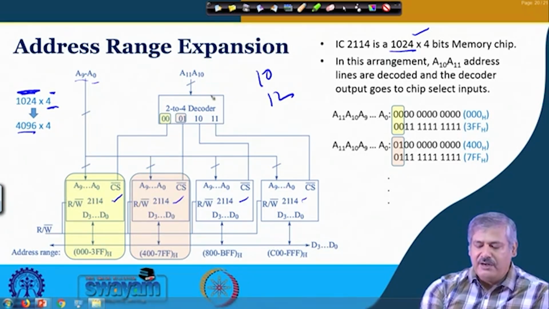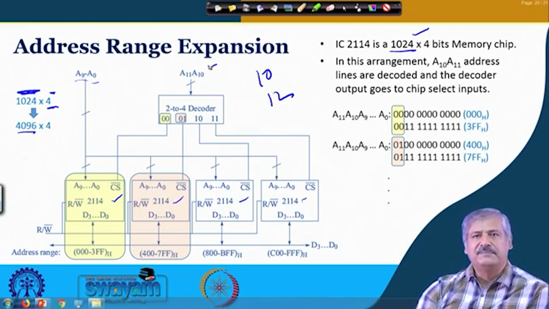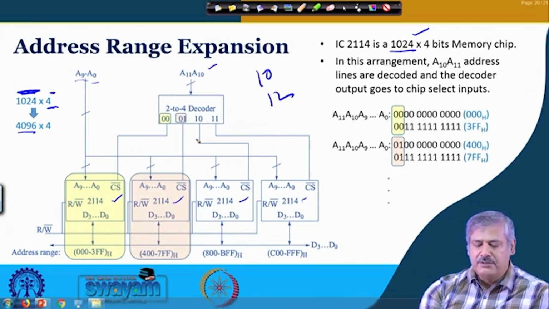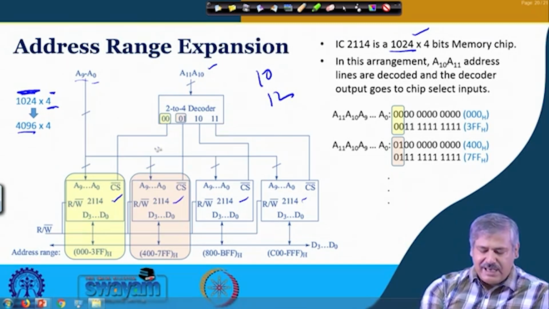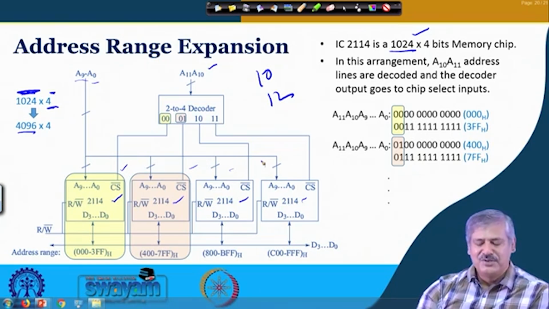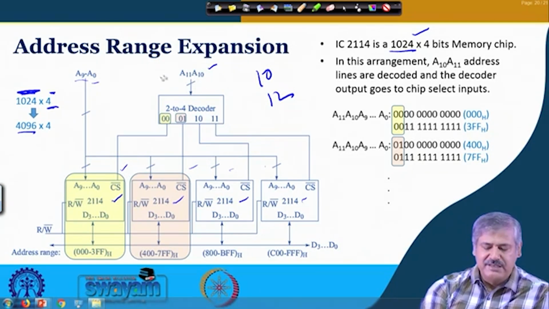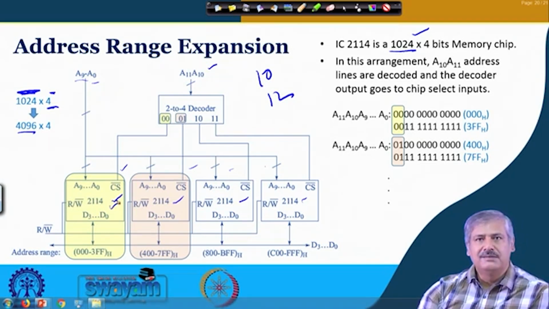Higher 2 bits, A11 and A10, you pass through a 2 to 4 decoder to generate 4 such lines: 0 0, 0 1, 1 0 and 1 1. And then you connect that to the chip select lines of each one of them. What does it mean? When 0 0 is placed here on A11 and A10, this particular block will be selected and not the other ones.